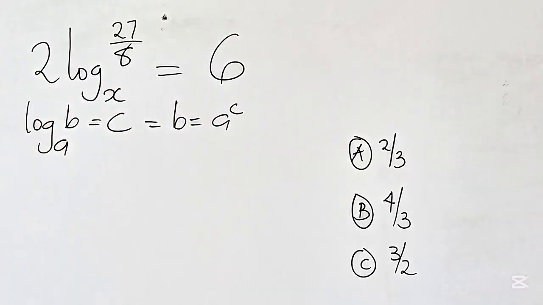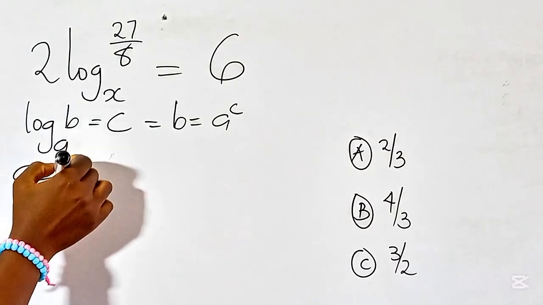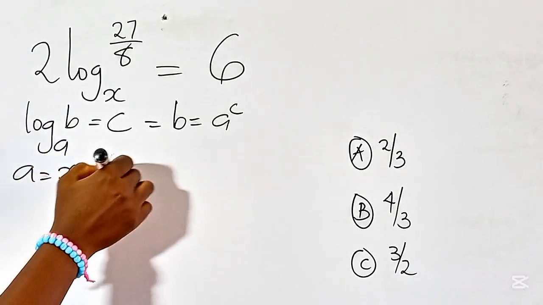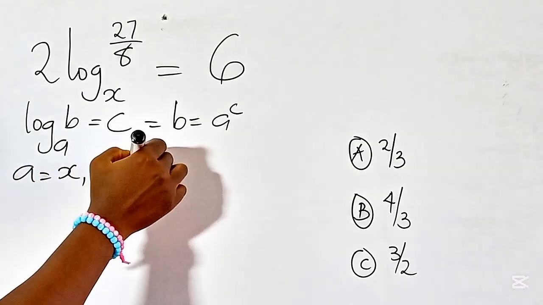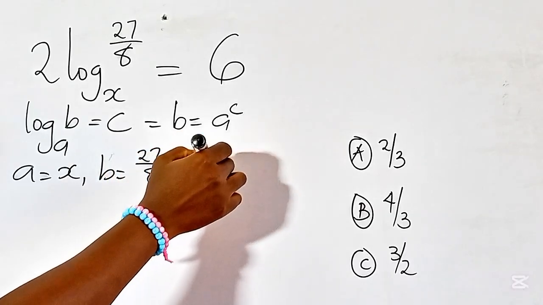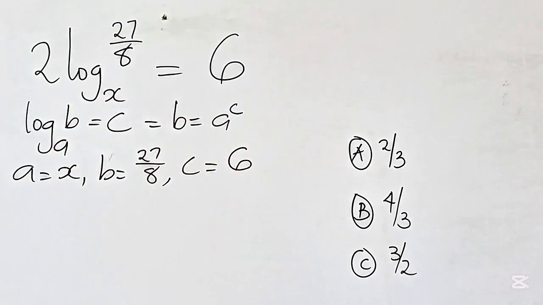In this logarithmic equation now, a is equal to x, b is equal to 27 over 8, and c is equal to 6, using the properties of logarithm.